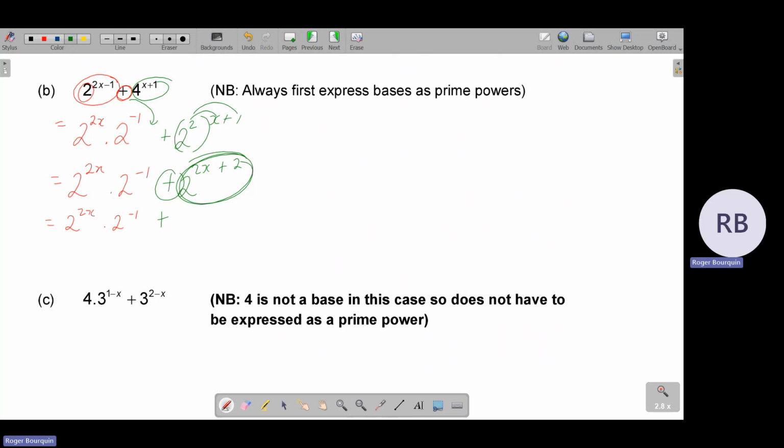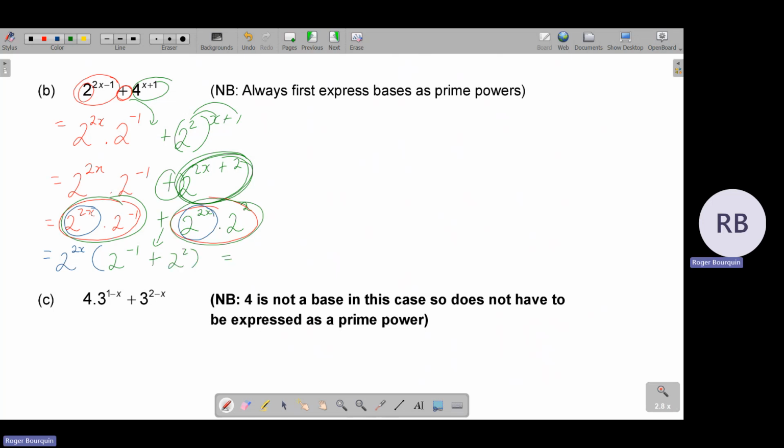But this I'm going to rewrite, because I want to factorize it, and the instruction is adding, as 2 to the x times 2 squared. So now I have two terms, they're separated by a plus sign. And what's the common factor? The common factor is 2 to the 2x. So I take out 2 to the 2x as a common factor. What do I have to times 2 to the x by to get back to that term? By 2 to the negative 1. Then I've got a plus sign. And to get back to that term, by 2 squared.